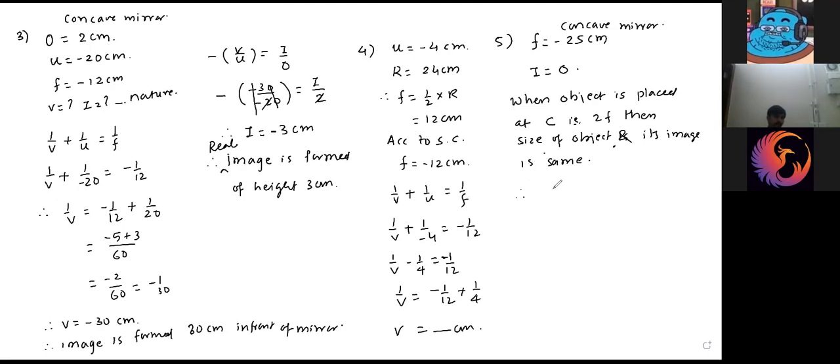Therefore, u is equal to twice the focal length, which is 2 times minus 25, so minus 50 centimeter. So we can say therefore object is placed at 50 centimeter in front of the mirror.